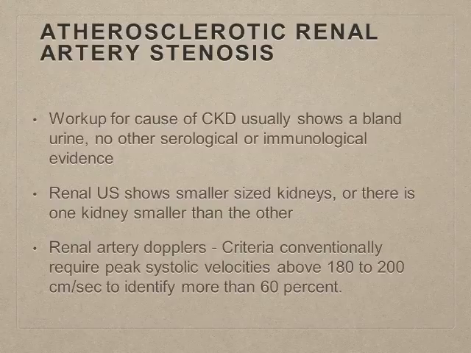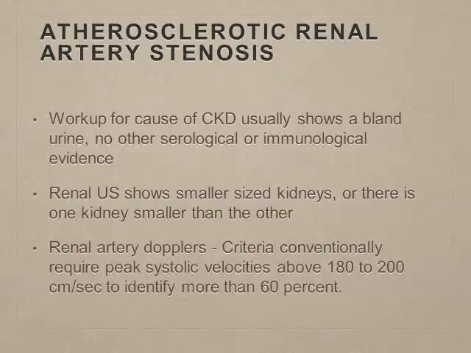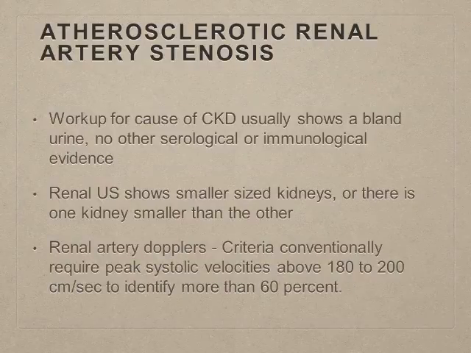Renal artery Dopplers: the criteria to say that you have about 60% stenosis is you have to have systolic velocities above 180. Usually about 200 is kind of the number that the radiologist and that we use to define a 60% stenosis.